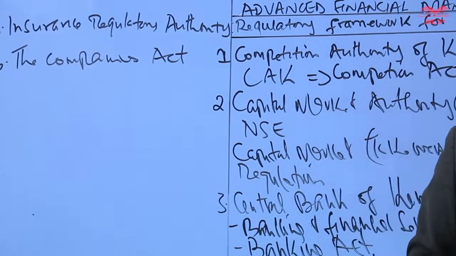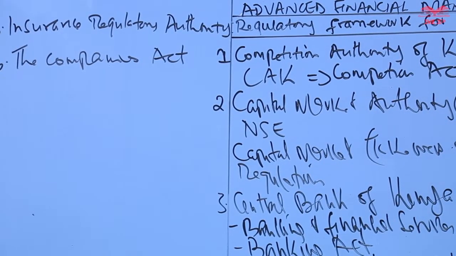You understand, candidates? Regulatory framework for mergers and acquisitions in Kenya. These are 5 bodies and the Companies Act. And in this lesson we've learned that the regulatory framework for mergers and acquisitions is designed to ensure fair competition, is also designed to protect the interests of various stakeholders, like the Competition Authority of Kenya.